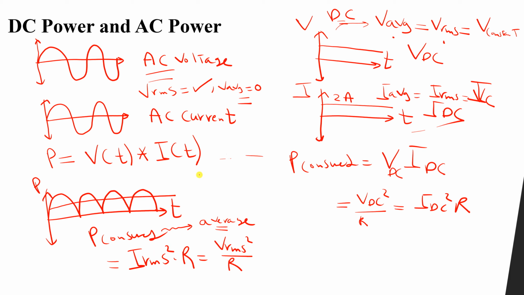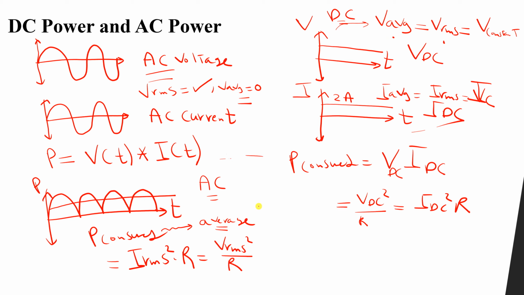So when we say AC power consumed, we are talking about the effective value of power consumed inside the resistor using the RMS, representing the average of the instantaneous power. In a DC system, the average is similar to RMS, similar to the constant value.